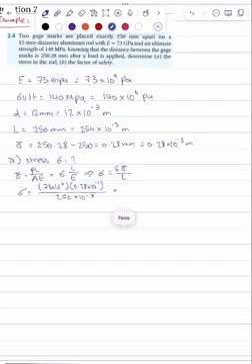It will be 81.76 times 10 power 6 Pa. So the final answer is 81.76 MPa.